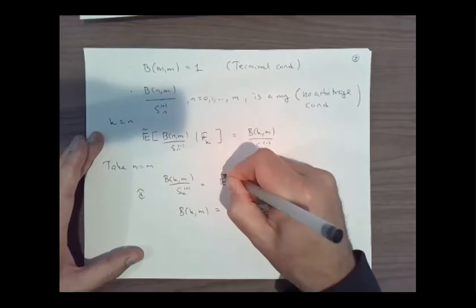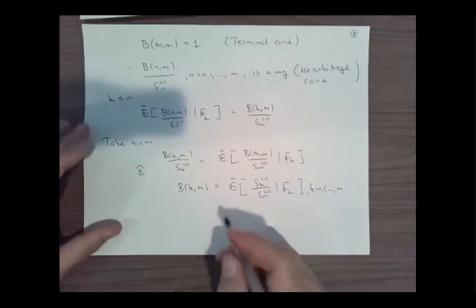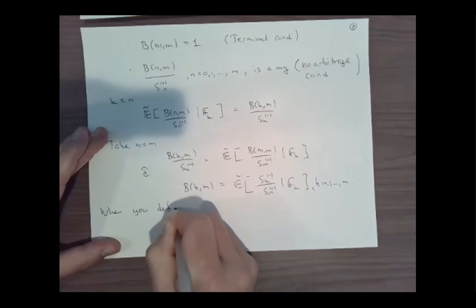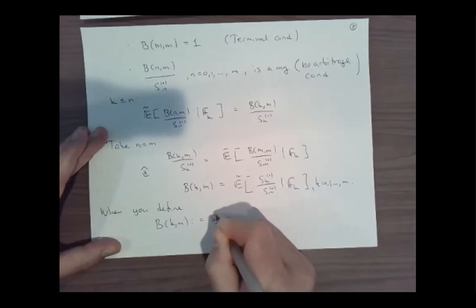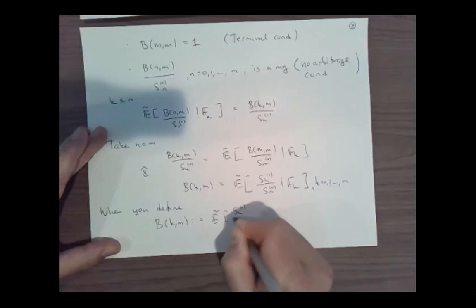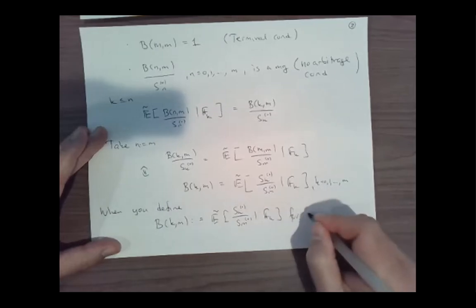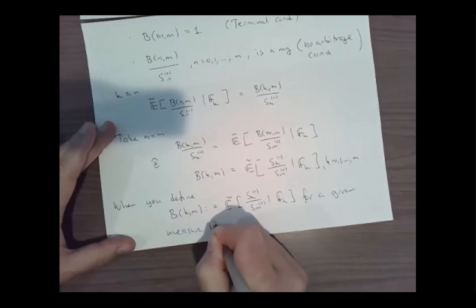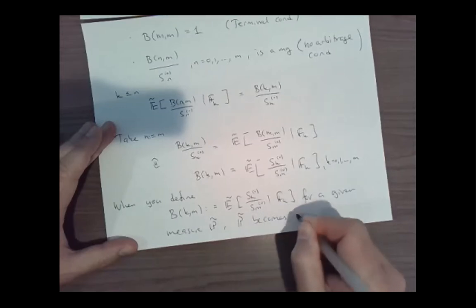So we can put tildes everywhere here. So when you define B(k,m) to be this formula, for a given measure, P tilde becomes a martingale measure.